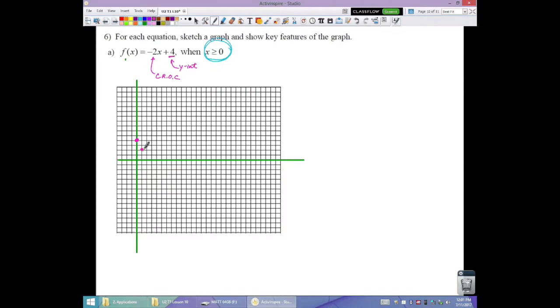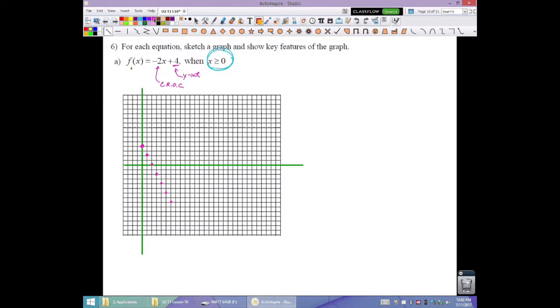So there's a point. I go to the right 1, I go down 2. Go to the right 1, go down 2. Right 1, down 2. And I could keep that going. But I've already established the pattern, so I can go ahead and draw in that line.